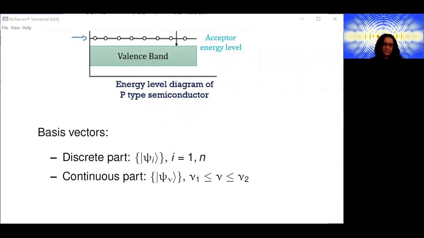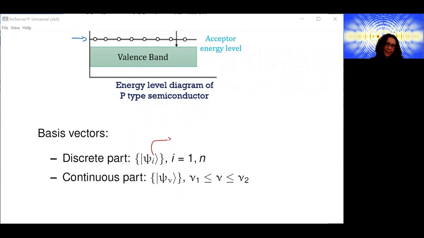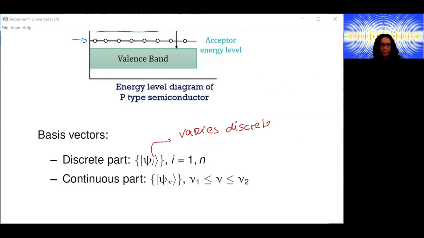Say if you have 10 bound states, then these energies are going to vary discretely. And in the continuous part, you have this set psi nu, where nu is a parameter that is varying continuously.